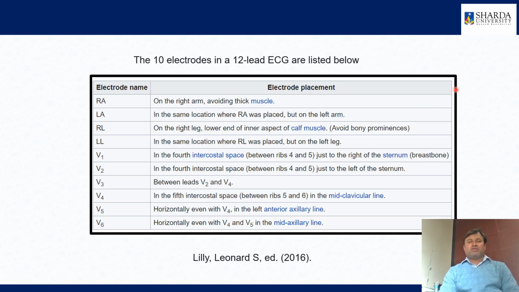In the process of recording an ECG, 10 electrodes and a 12-lead ECG are required, which is shown here. There are different electrodes and leads placed at different positions when we measure the ECG.